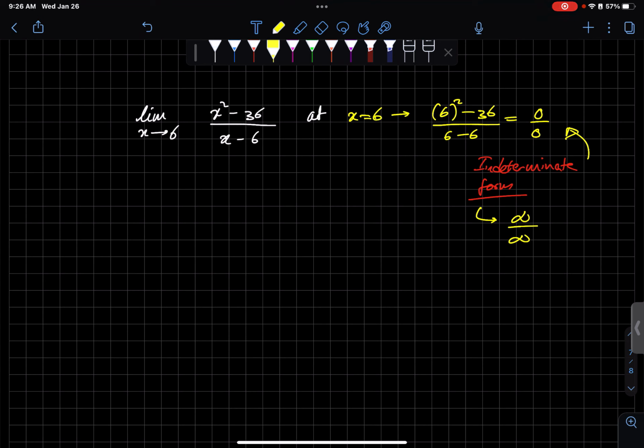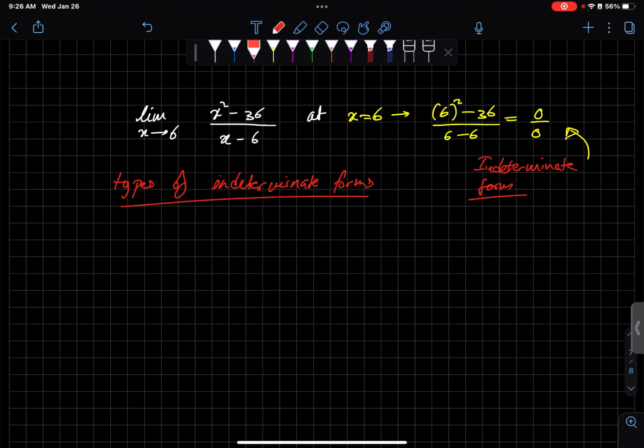Or infinity times 0. Let me just list them out, right? So, types of indeterminate forms.